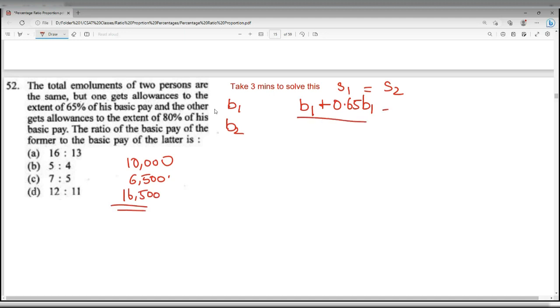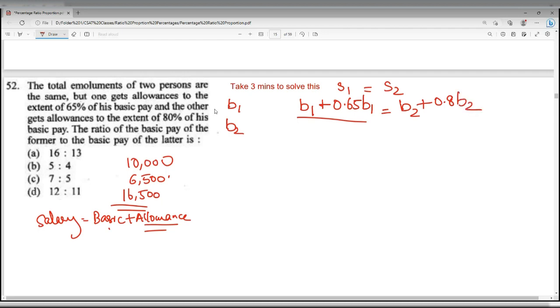And then the second person's basic salary is B2, and he is getting 80% as allowance. The salary is nothing but basic salary plus the allowance. Here they are giving the allowance as a percentage of basic salary, so the second person gets 80% of his basic salary as an allowance.